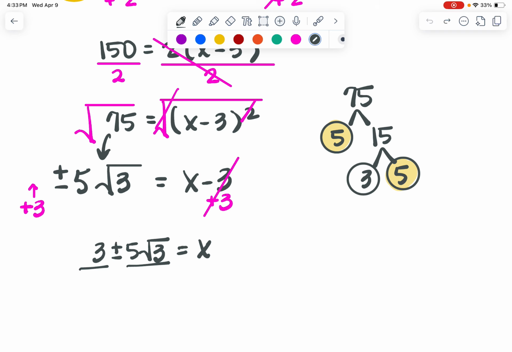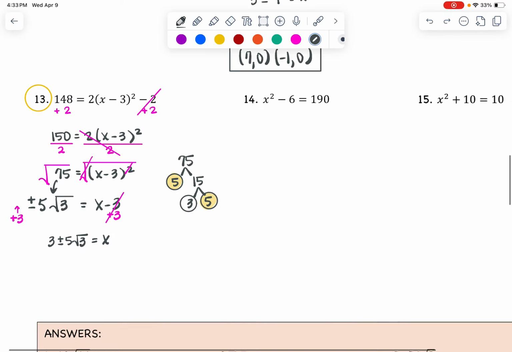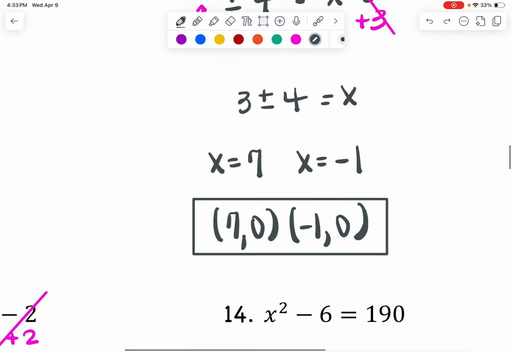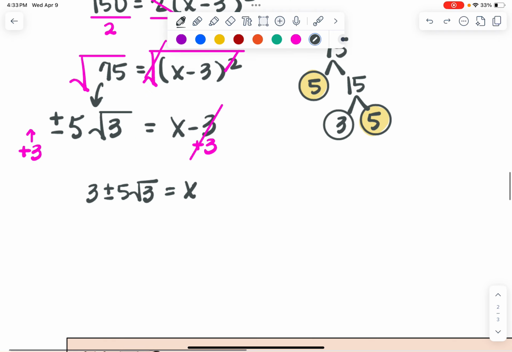So constants and root 3's are not like terms, so I can't do anything with that. Now, over here, my square root was a perfect square. So when I added the 3 over, I was able to combine these to get these two answers because they were both constants and therefore like terms. I just can't do that over here.